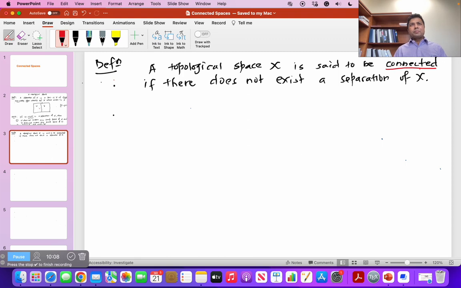But if there is a separation of X, then that space is not connected.